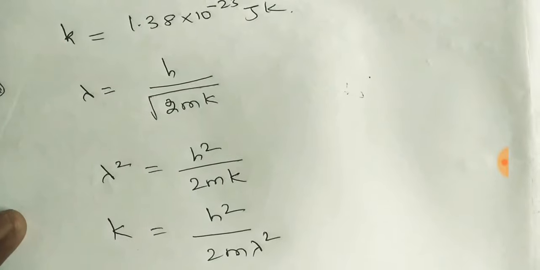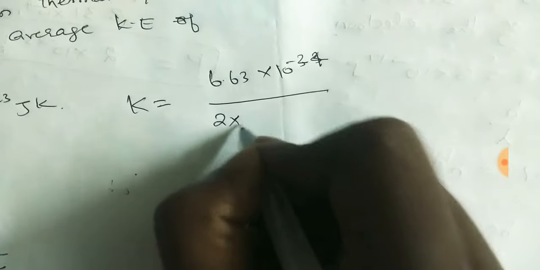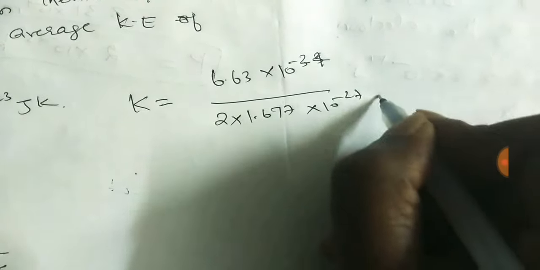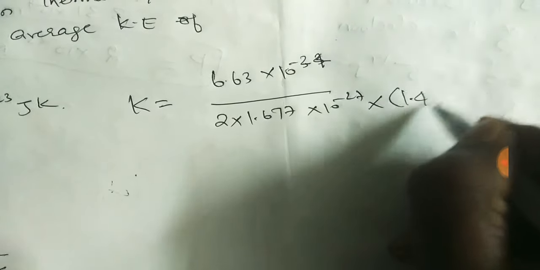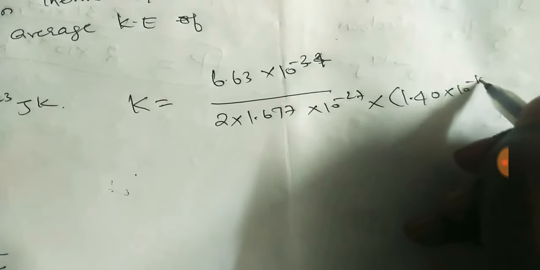Now substitute the values. K equal to 6.63 into 10 power minus 34 divided by 2 into 1.677 into 10 power minus 27 into 1.40 into 10 power minus 10, the whole square.